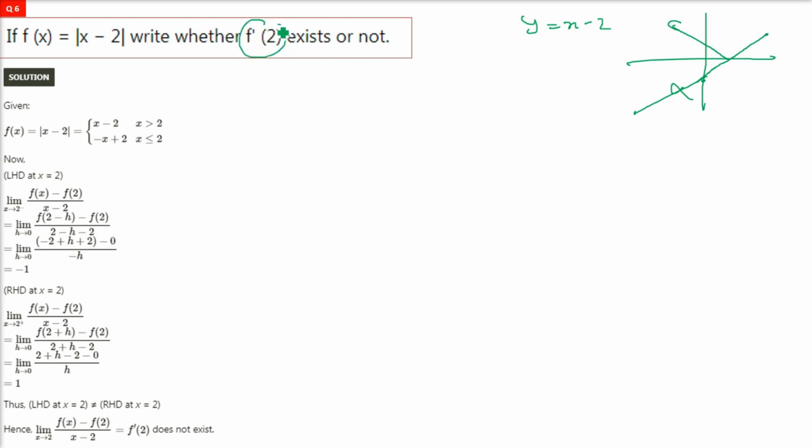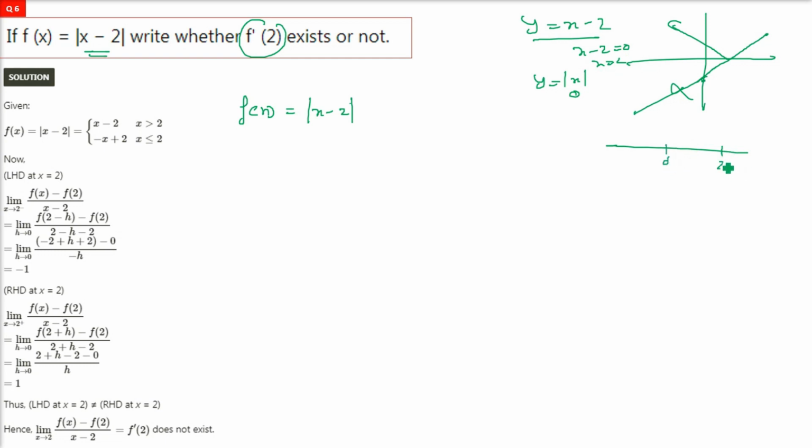So f dash 2 is basically finding the derivative at 2. Modulus x minus 2 will be positive ahead of some value and negative below that value. When y was modulus x, 0 was the point dividing the negative and positive values.